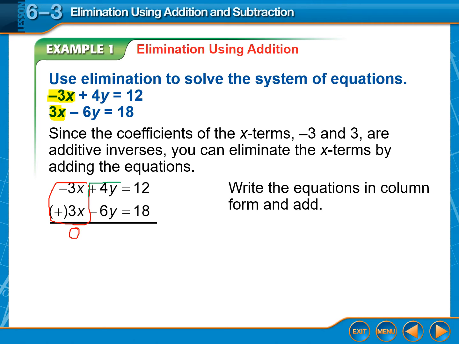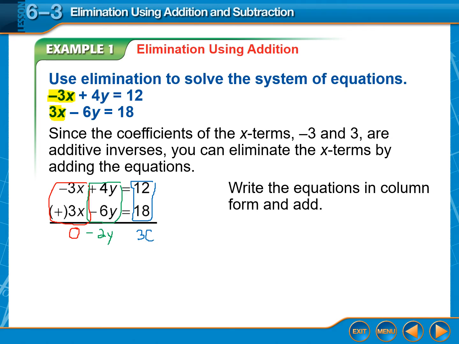I've got 4y in equation 1 and negative 6y in equation 2. When I combine those, I'm left with negative 2y, because if I take 4y and subtract 6y, I've got negative 2y. The last thing is to combine the 12 and the 18 on the other side of the equal sign. When I combine 12 and 18, I'm left with 30.